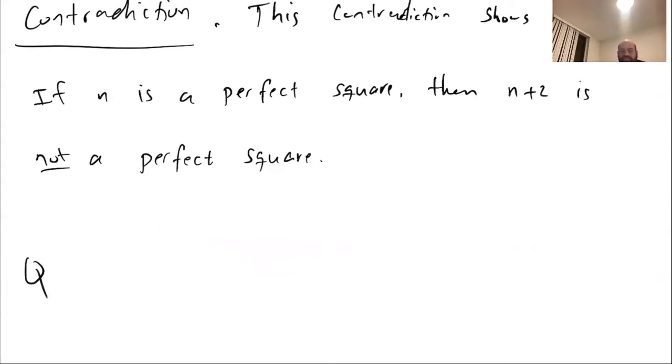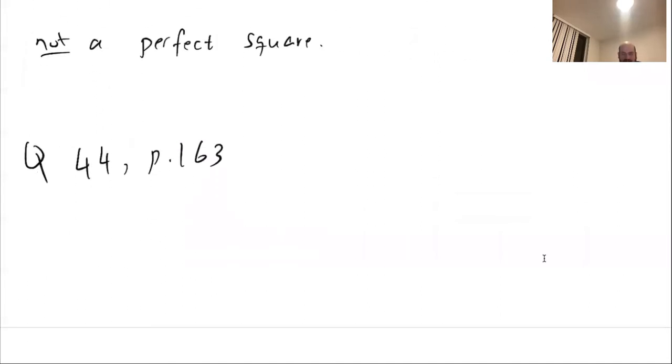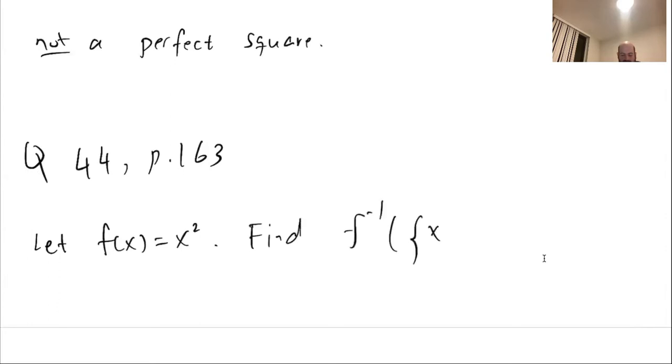Question 44, page 163. Let f of x equals x squared. Find f inverse of the set of x such that x is bigger than 4.